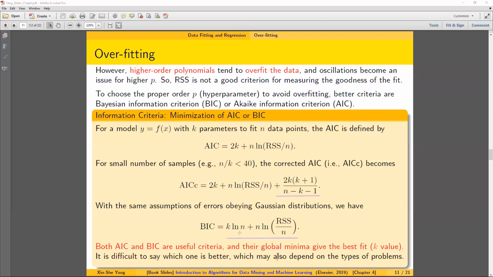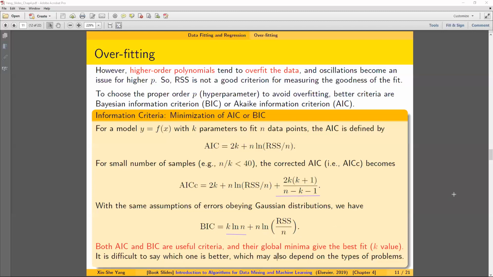You can see the difference is really in this component. Both AIC and BIC are useful criteria, and their global minima give the best fit, the best k value, or the best p that we discussed in the previous slide.